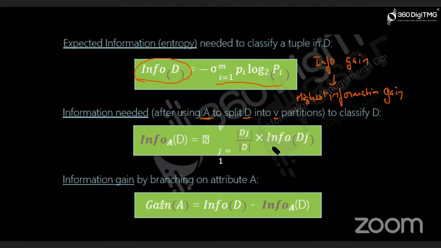Finally, we find the gain: the information given by D minus the information given when you split on A into partitions.